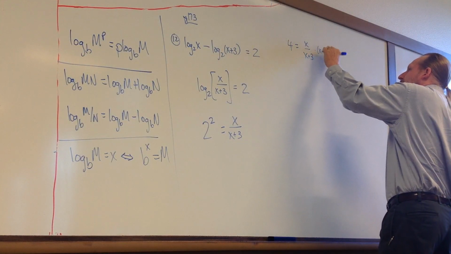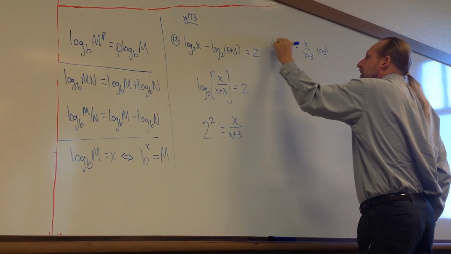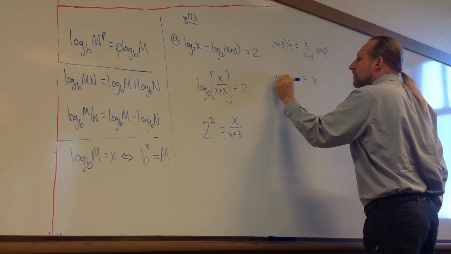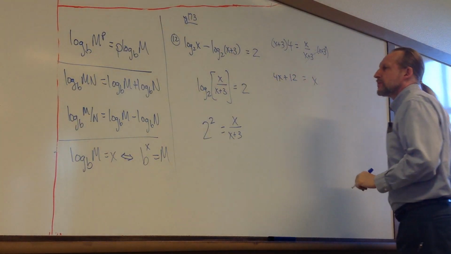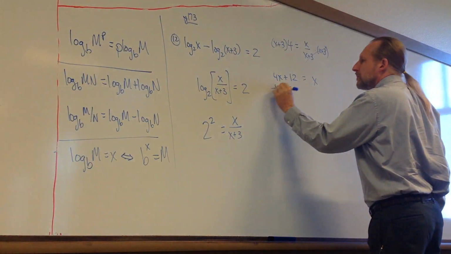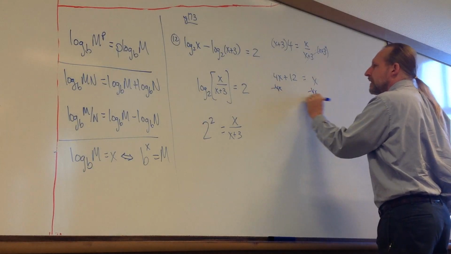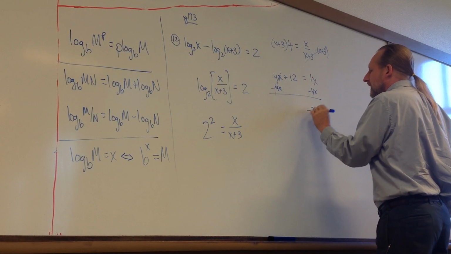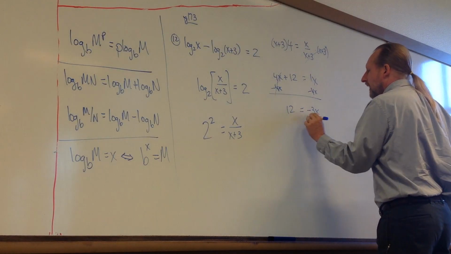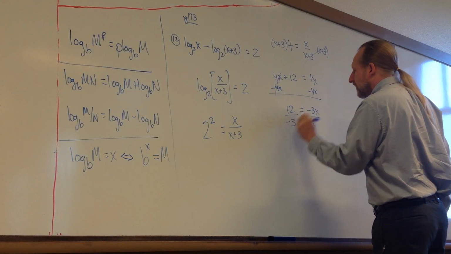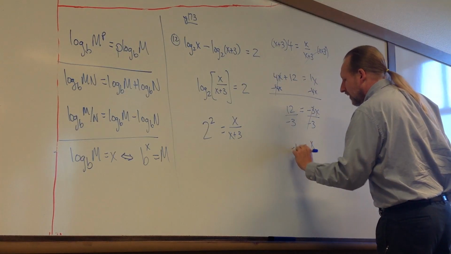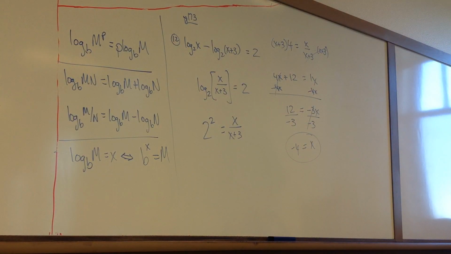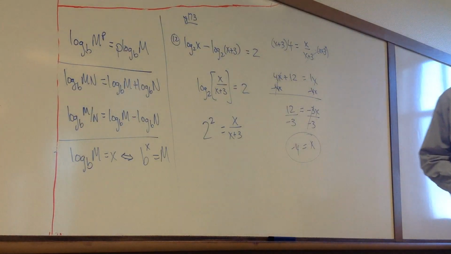Now we need to multiply on both sides by x plus 3 to clear out that denominator. Over here we get 4x plus 12. Move the 4x over here, and again, that's a 1 minus 4, which is negative 3x. And then we'll divide on both sides by negative 3. So x is equal to negative 4. All right. So that's problem 12.